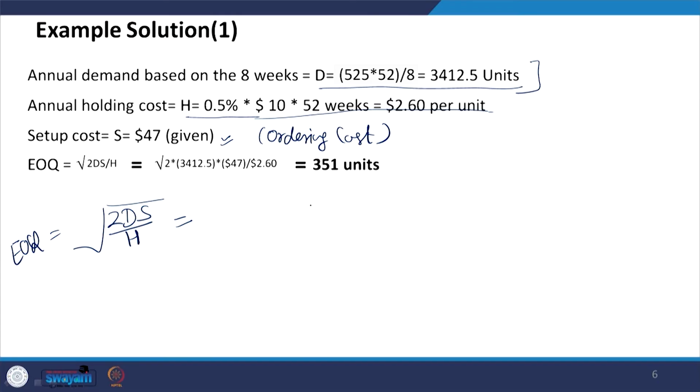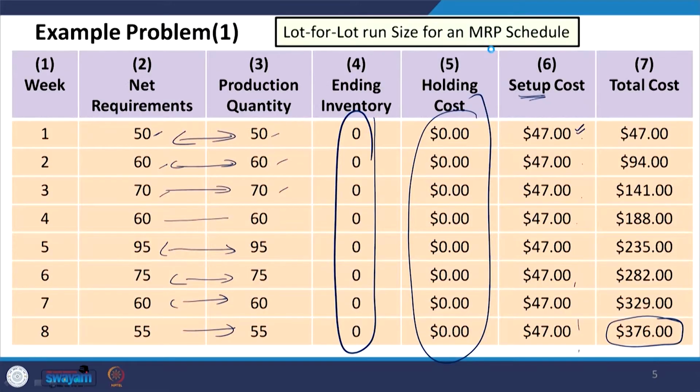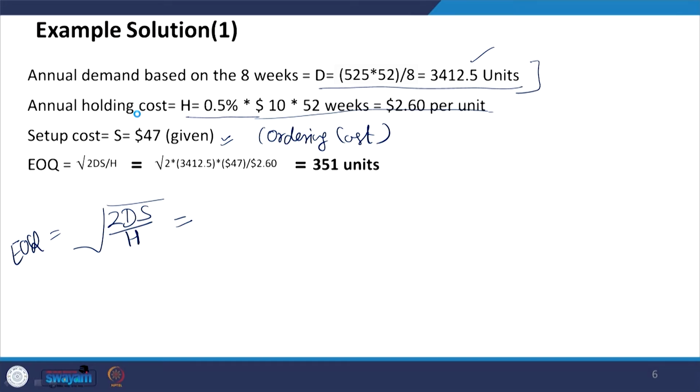For 8 weeks we have the demand, 50 to 55, and the total of this 8 week demand is used to calculate the annual demand, which comes to 3123 units, somewhere like that. So, we have the economic order quantity coming as 351 units.